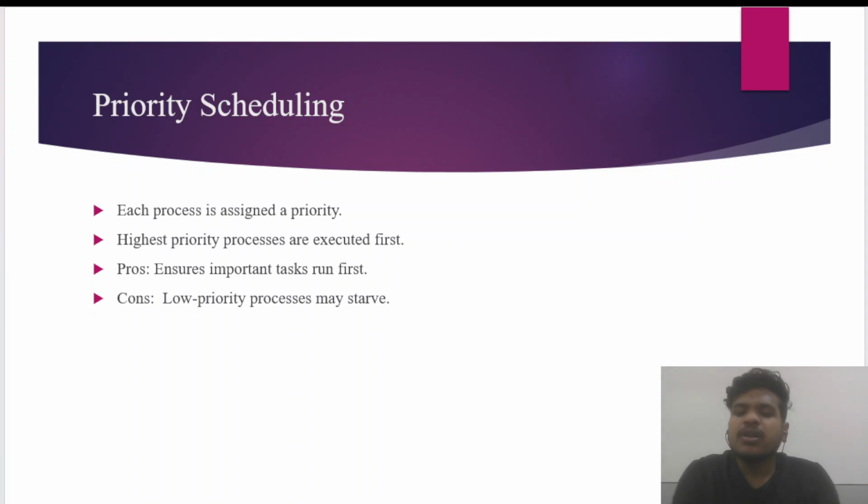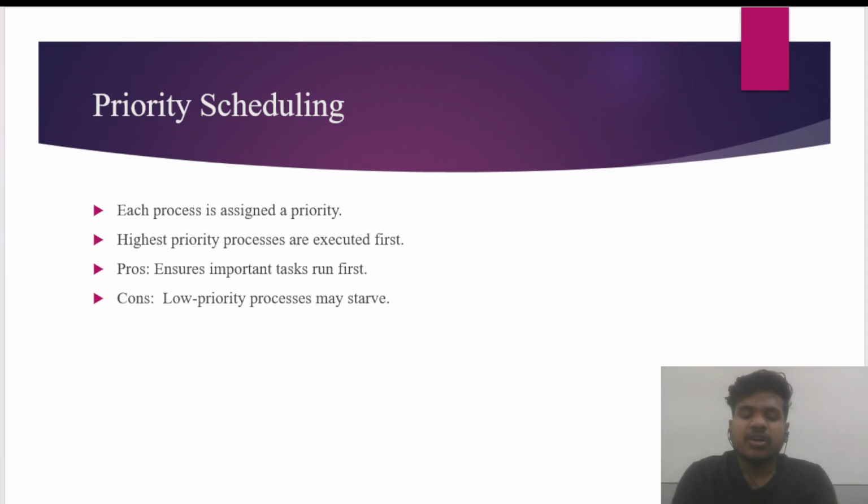For example, in emergency rooms in hospitals, those patients who are critical will get treated first, and those who have checkups will wait. This means that the important tasks always run first.